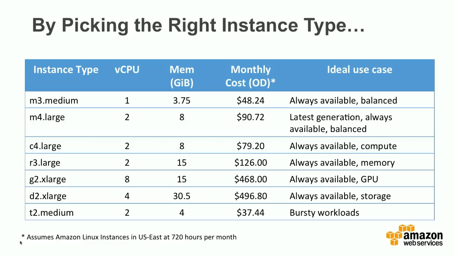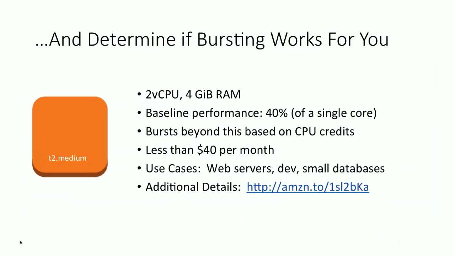One of the really cool things I like about instance families, though, is the T2 instance family. This is a little bit different in the way it operates compared to other instances. With other instance families, we always ensure that you have a specific amount of memory and a specific amount of CPU.